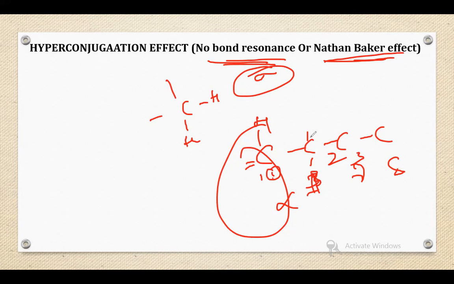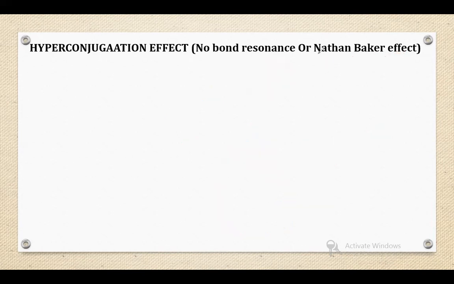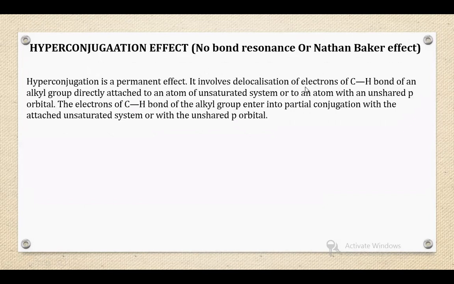So in hyperconjugation, why is it called no bond resonance? Here a sigma bond will break and form a multiple bond. Hyperconjugation is a permanent effect which involves delocalization of the electrons of the carbon-hydrogen bond, the C-H bond, of an alkyl group directly attached to an atom of an unsaturated system or an atom with an unshared p orbital.